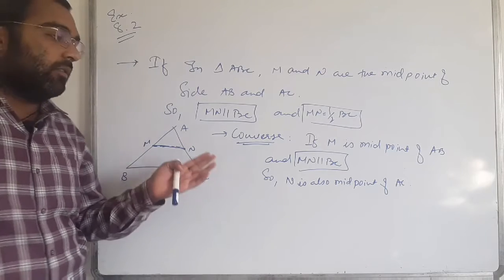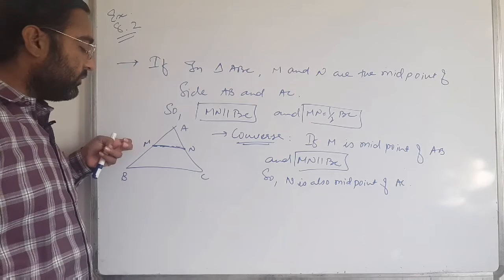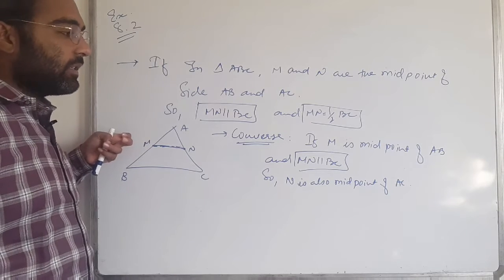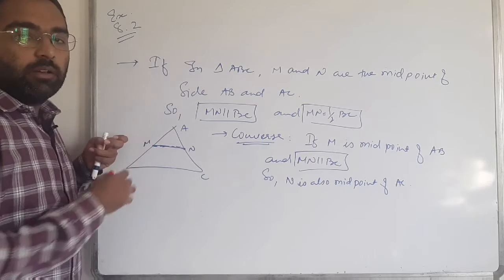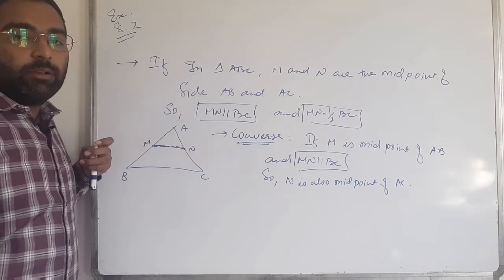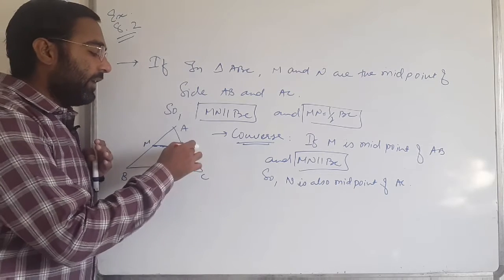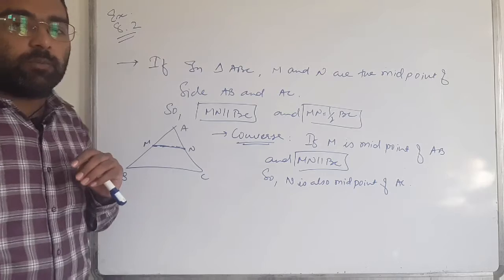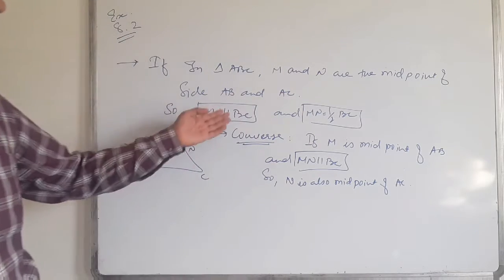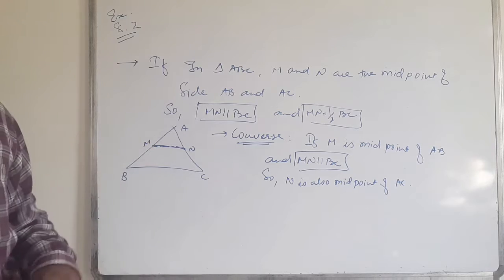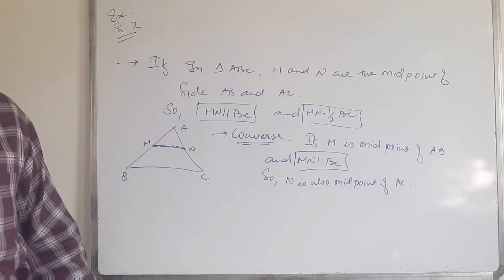In the converse, if M is the midpoint of one side and MN is parallel to the third side, then we also have to write that N is a midpoint of AC. Here both midpoints are given, so we write that the line is parallel. In the converse, a parallel is given and one midpoint is given, so we write that the other side also has a midpoint.